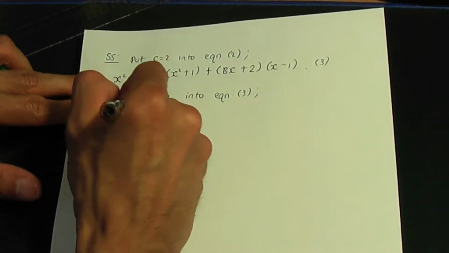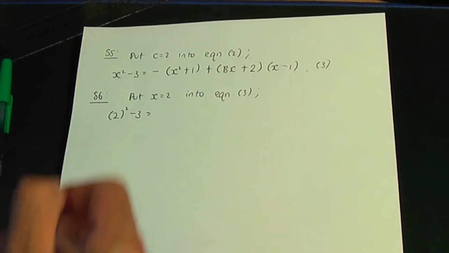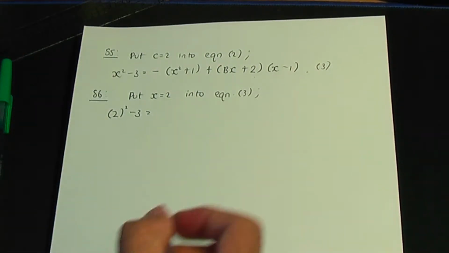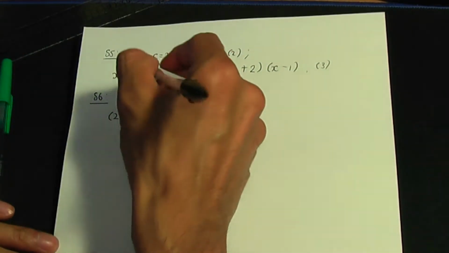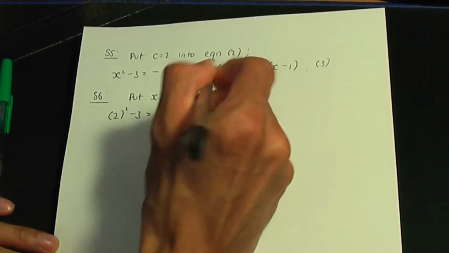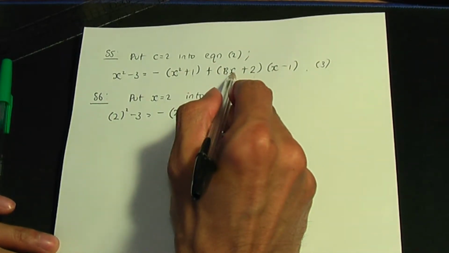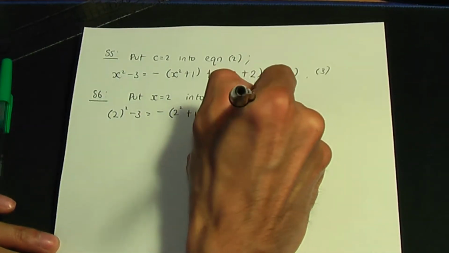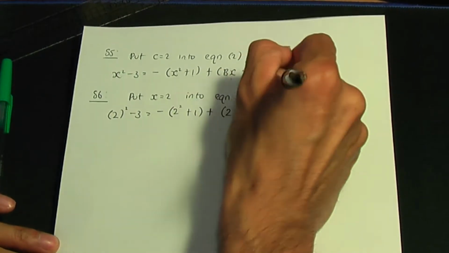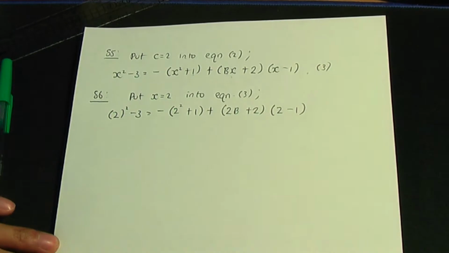We're going to have x, which is 2, so 2 squared minus 3 on the left hand side. And that is equal to minus into x, which is 2, squared plus 1 here, plus b times x, which is 2, is 2b, plus 2 into x, which is 2, minus 1.